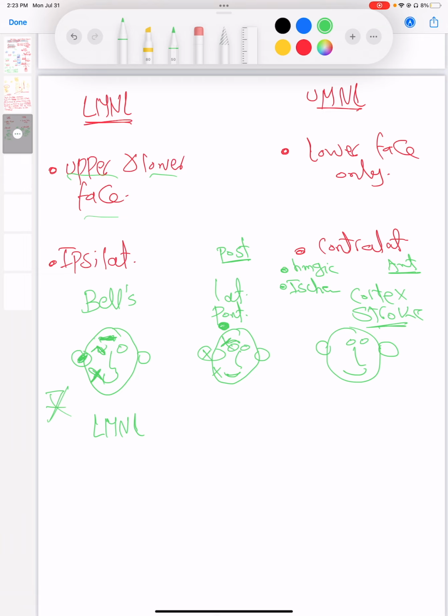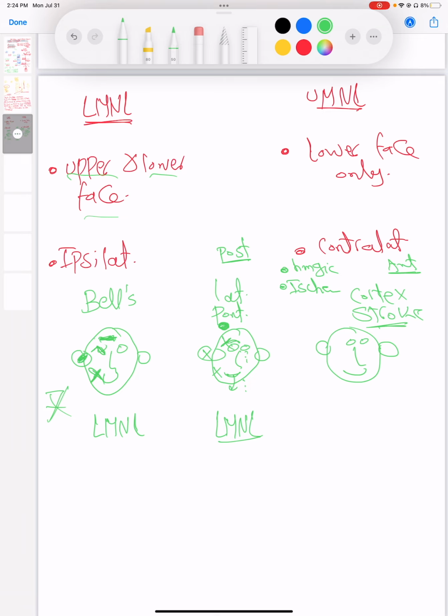We also have sensory loss, which is taste from the anterior two thirds of the tongue, and parasympathetic loss, which is lacrimation and salivation. So that's lower motor neuron lesion as well, so it's ipsilateral.